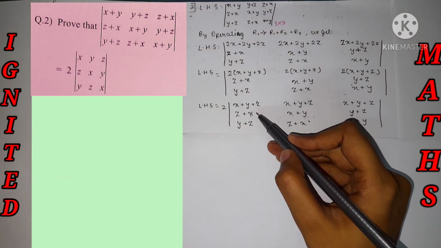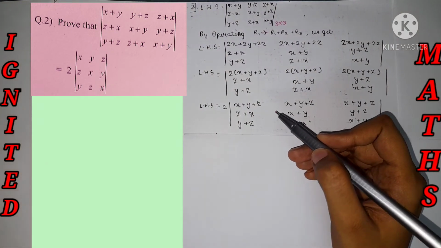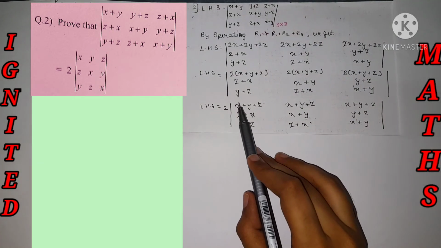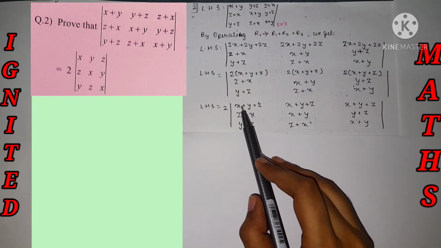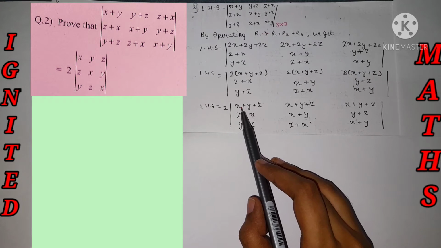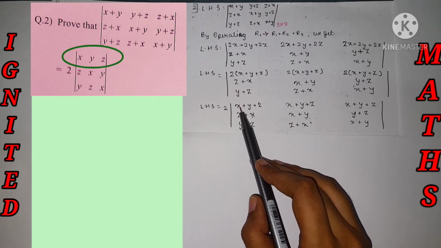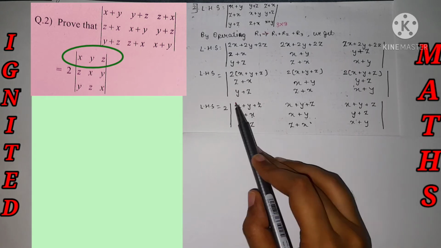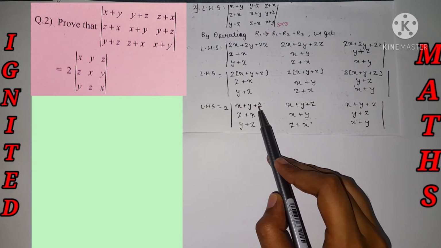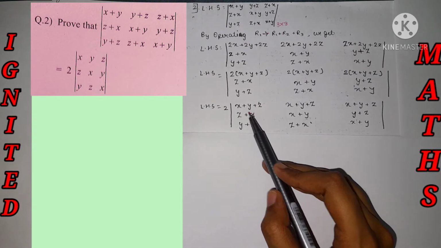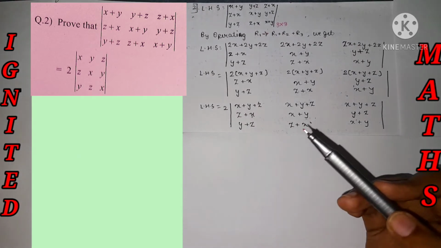We can subtract by r2 or r3. But as the question is given, we need to get the answer x at the a11 position. Just check it in the question. But how can we find it? At my a11 it's x plus y plus z, and we need to subtract the term so that we get the answer x. How can we get it?